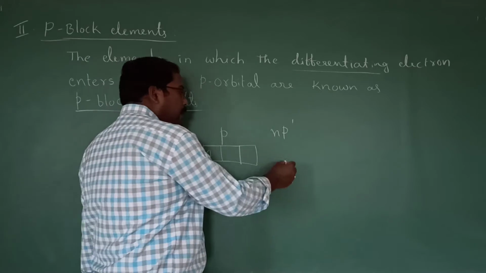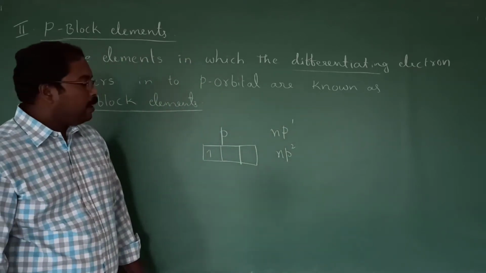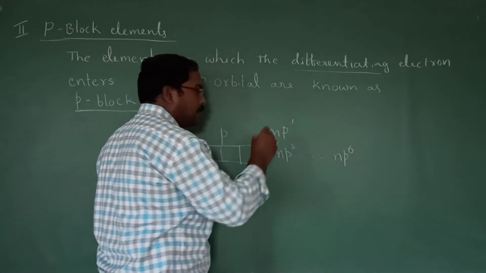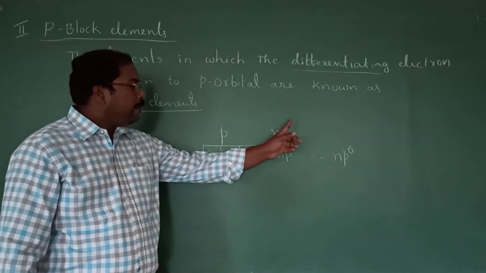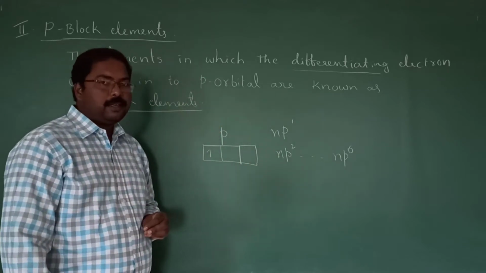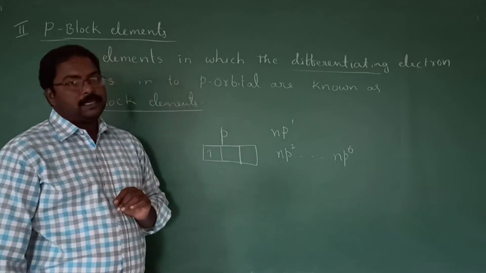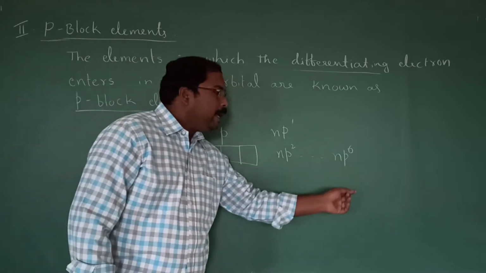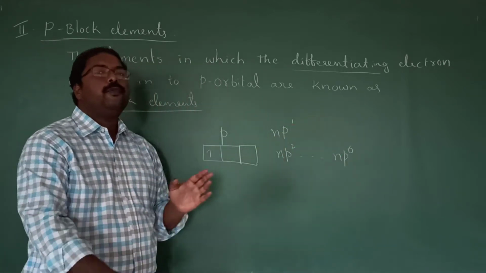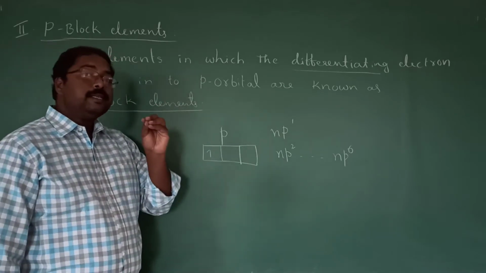If it has np2, it also comes under P block, and so on up to np6. The elements with np1, np2, np3, np4, np5, np6. So how many groups come under P block elements? The capacity of the p orbital is 6, so from p1 to p6 we find 6 groups. That is why under P block we find 6 groups.